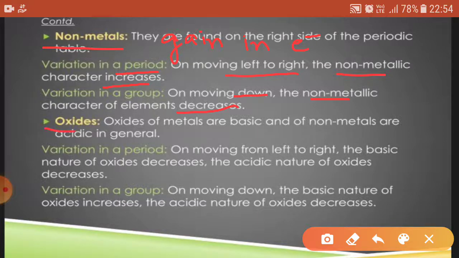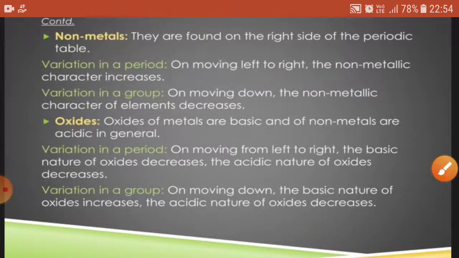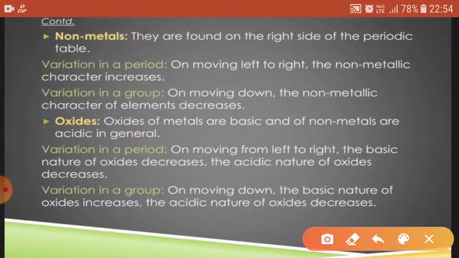And what about the oxides? Oxides basically depend upon the metallic and the non-metallic character. Metallic character forms the basic oxides. If it increases, it means basic oxides increase. But on moving from left to right, metallic character decreases.